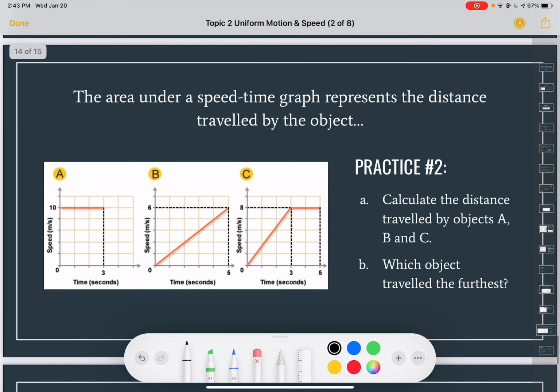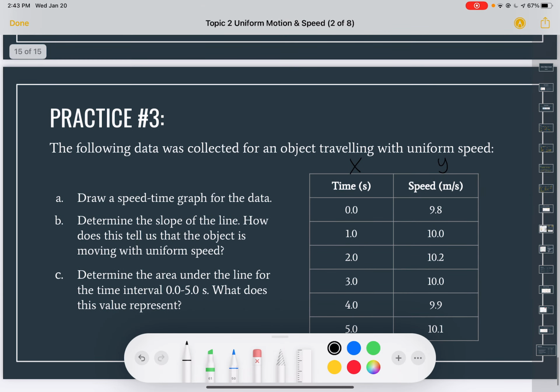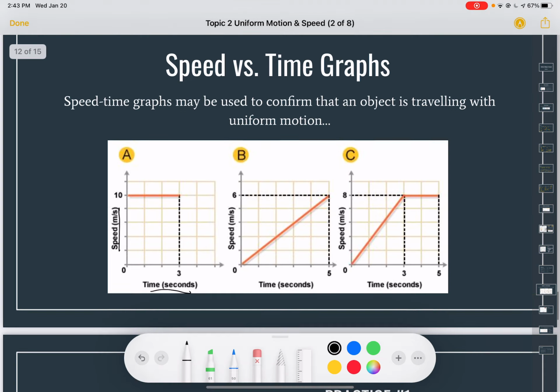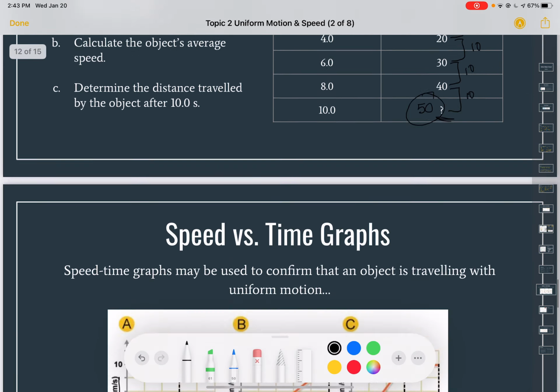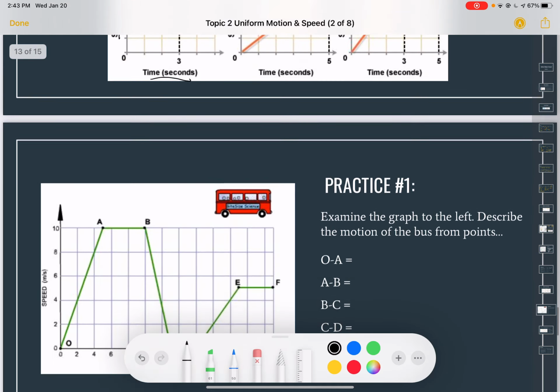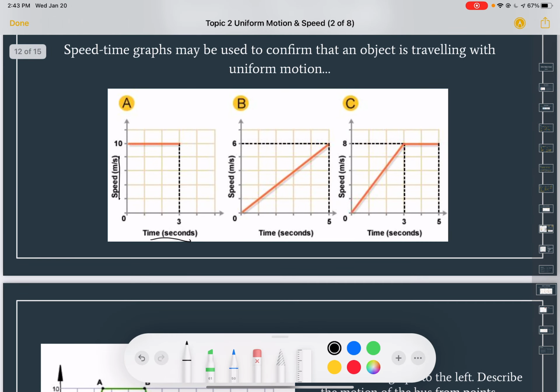I'm not sure if they talk about what that is in this. They don't. But our speed versus time graphs, if we find the slope of these lines, it's going to give us something called acceleration, which I believe is in the next PowerPoint or the next topic 3, but we will just focus on this.